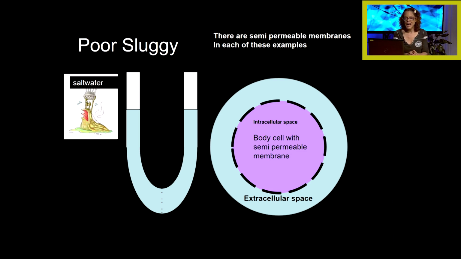And that's the space outside of the cell. And we have the intracellular space, and that's the space inside the cell, okay? And what separates the body cell from the extracellular space is the semi-permeable membrane.